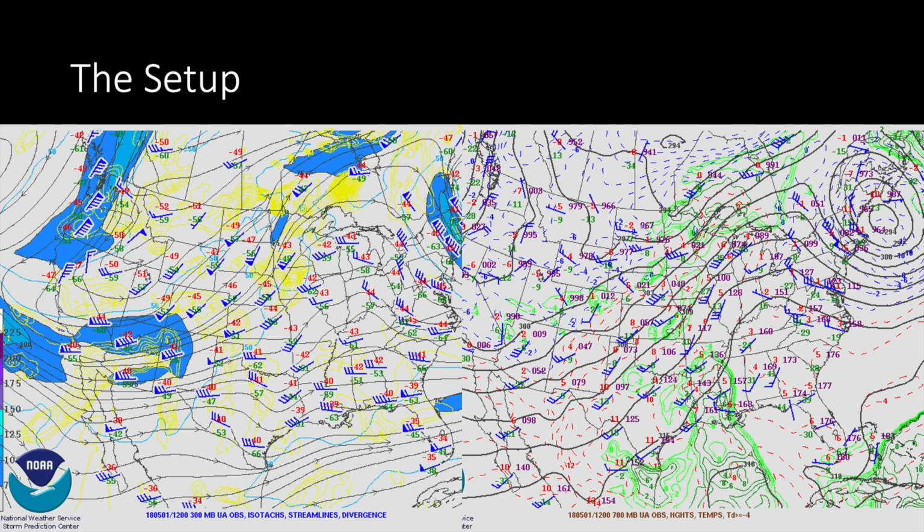I used to just take that supercell composite map and start plucking the soundings right around tornado time, 23Z, and you really don't get a broader perspective of what's happening throughout the day that creates that environment you want to be at.